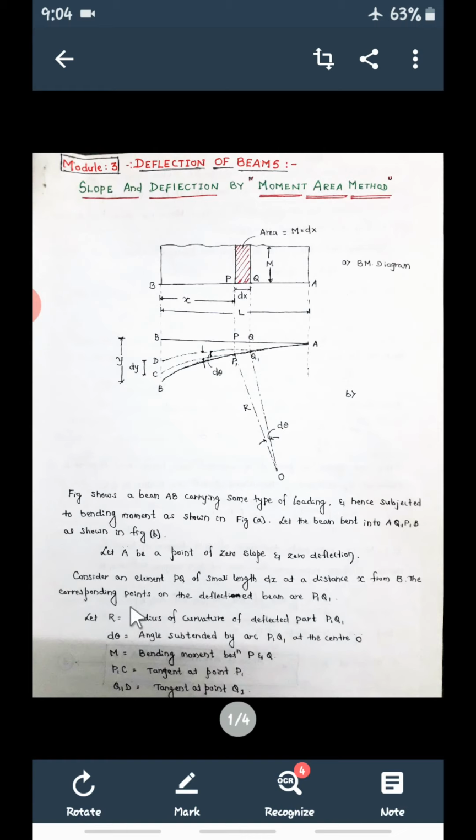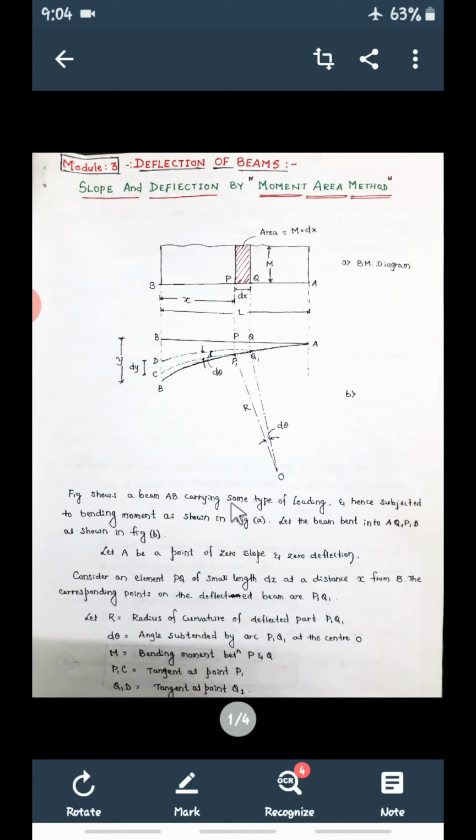The corresponding points on the deflected beam will be P1 and Q1. When it deflects, P becomes P1 and Q becomes Q1. So A, Q1, P1, B will be the deflected shape of this beam AB. Let us consider the different points on this beam element.